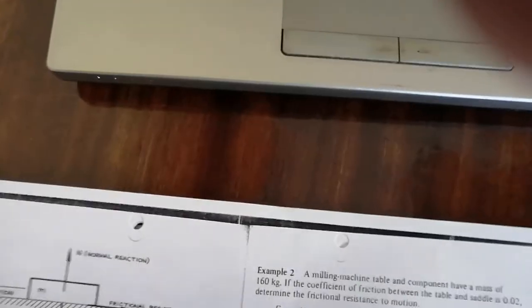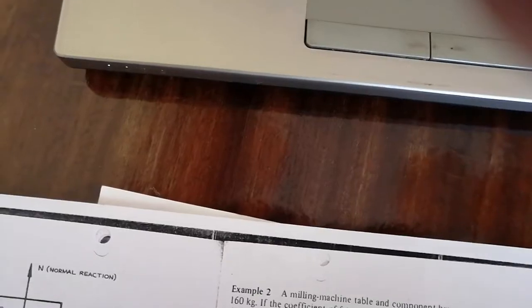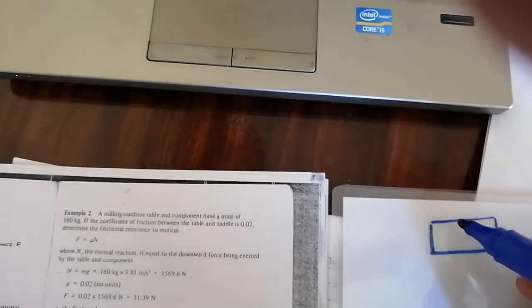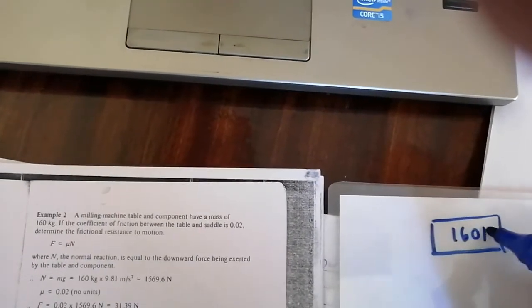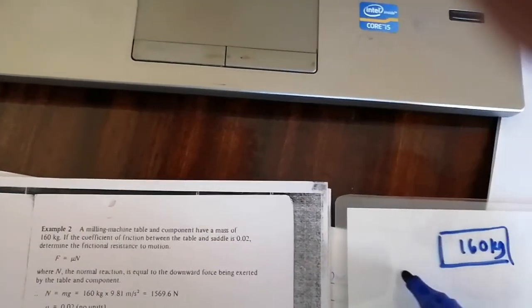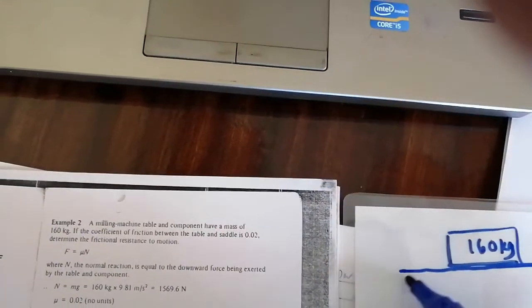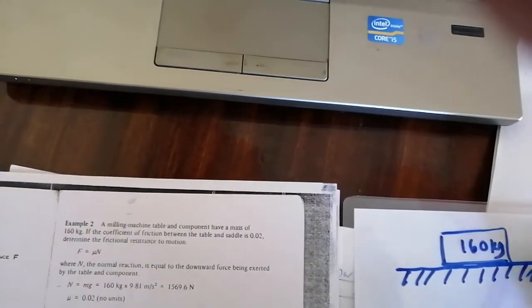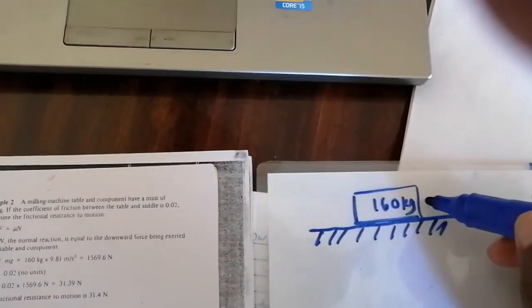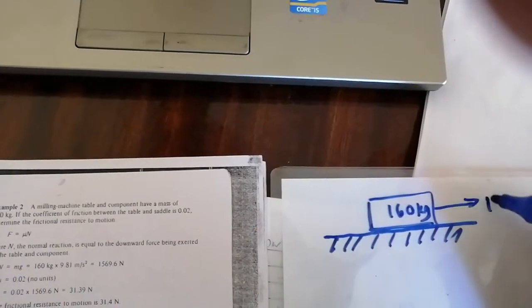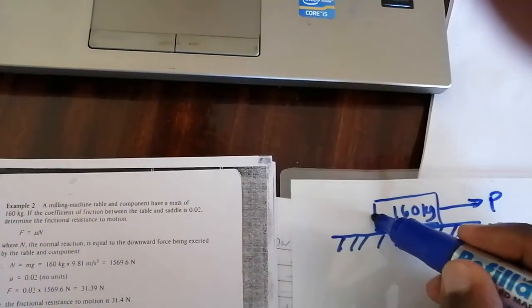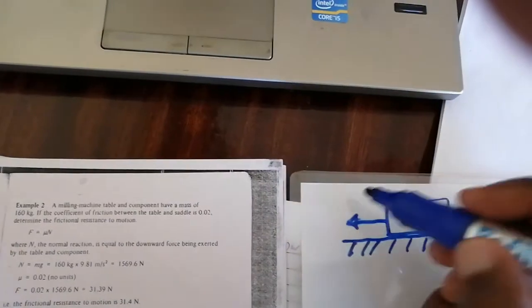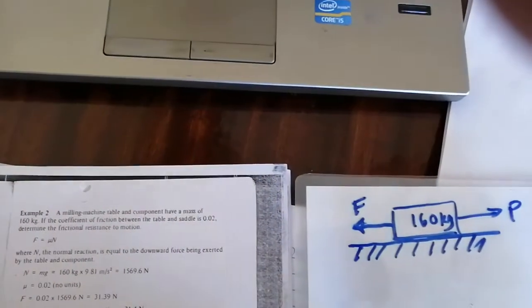So what comes to your mind immediately is you try and imagine a mill, and you imagine this is a mass weighing 160 kilos lying on a milling table. And of course, to pull this table, we'll have to have a force P on that side and friction resistance will be acting backwards.